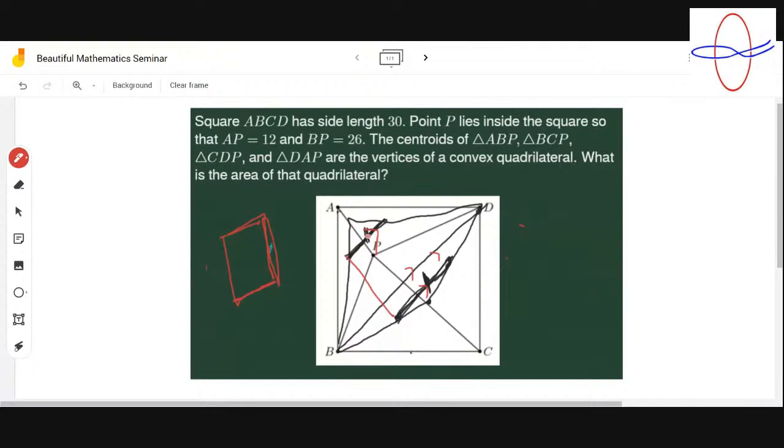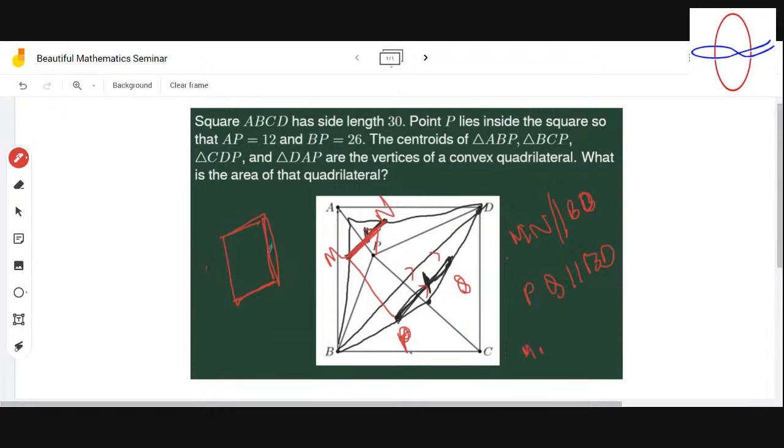Sure. Observe this black line is parallel to this line, MN, and let's call this PQ. We have observed that MN is parallel to BD. Now observe that PQ is parallel to BD by the same logic, and their ratios are the same, because the centroid divides in the same ratio.